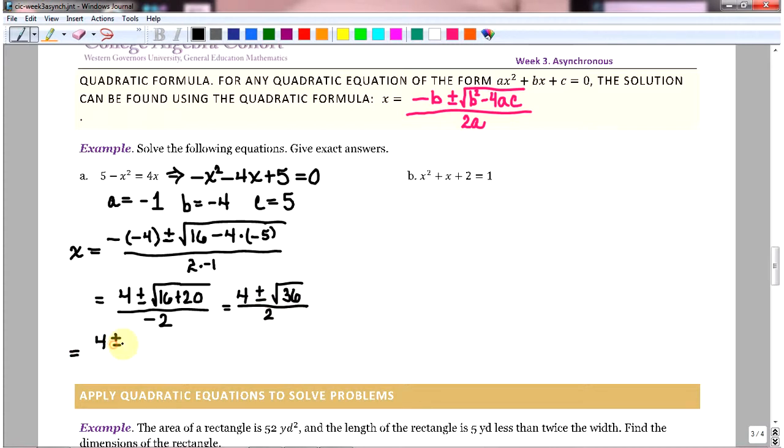So we have 4 plus or minus 6 divided by 2. And now we need to just evaluate the two answers. So 4 plus 6 over 2 is 10 over 2, or 5. And then 4 minus 6 over 2 is equal to negative 2 divided by 2, which is equal to negative 1. So those are our two answers.